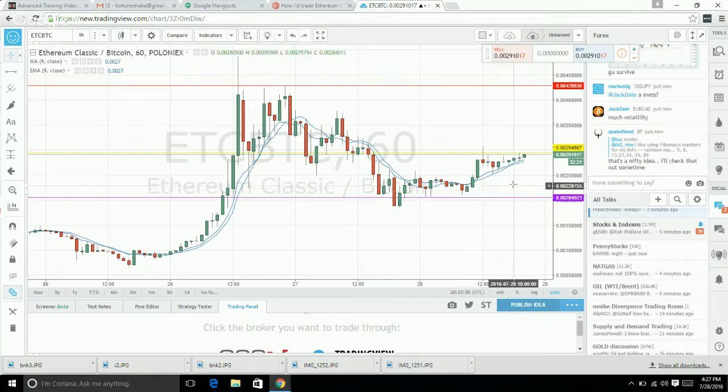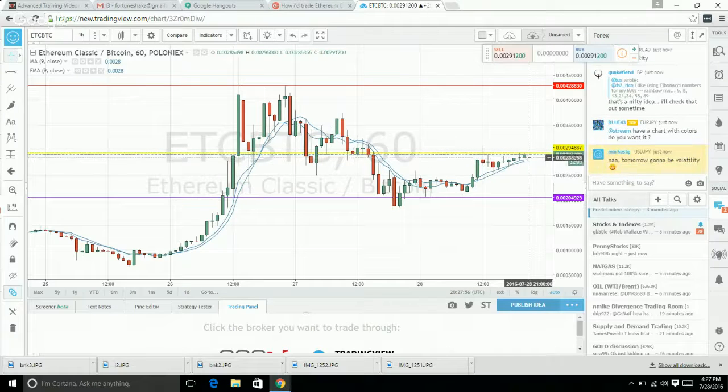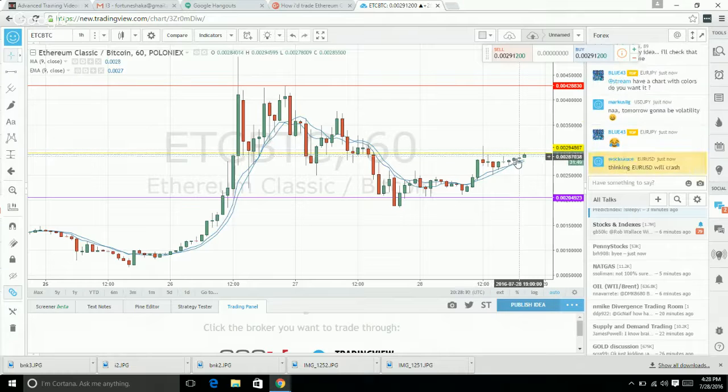All right, guys. So support and resistance. Find a range. When you see it at support or resistance, you have to look at the next candle. Like right here, this doji is telling me that the market is confused whether this range is strong or not.